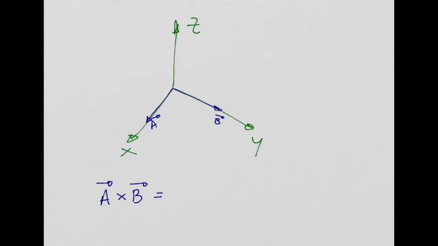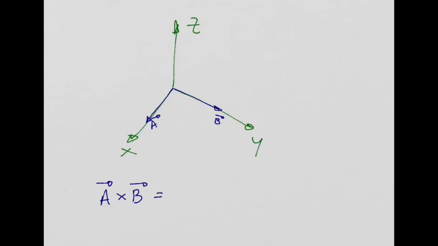The result needs to be a vector which is perpendicular to A and B. In this case, it needs to be a vector that is coincident with the Z direction, right? Look, A is the X direction, B is the Y direction. So a vector that is perpendicular to the X and Y directions needs to be a vector in the Z direction.